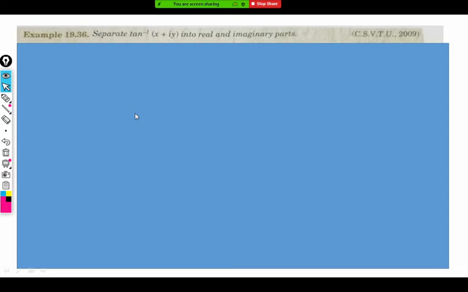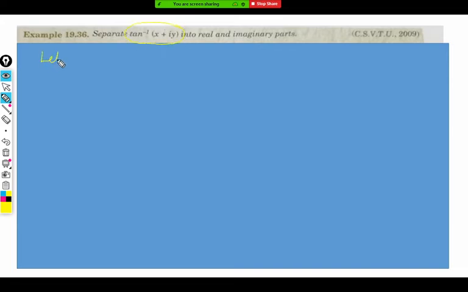Okay, so we'll start it here. The first thing is we have to separate tan inverse of x plus iy into real and imaginary parts.